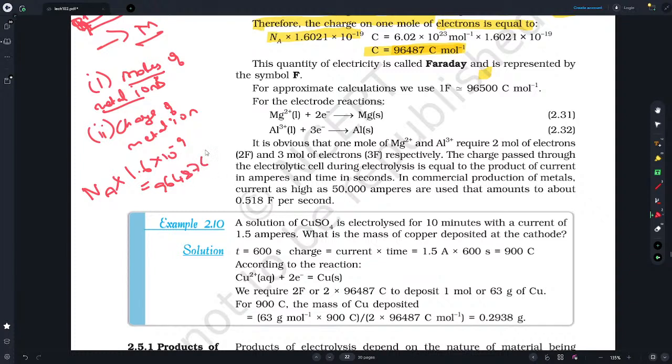This is the charge per 1 mole of electron, and this is Faraday's constant.